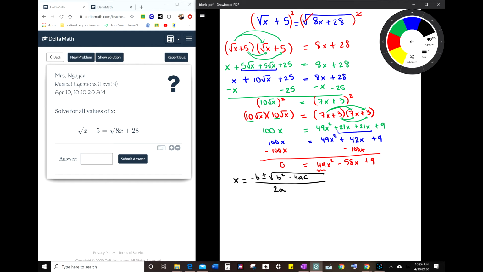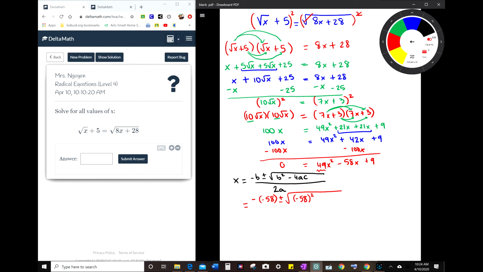And now I plug in the numbers. Negative b is negative 58, plus or minus the square root of negative 58 inside parentheses, squared. Be very careful with this, because if you put negative 58 without the parentheses, you change the value of it.